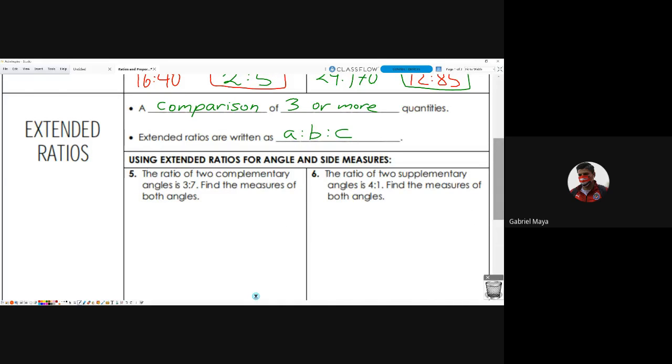So for example, can you guys tell me where you guys have extended ratios?